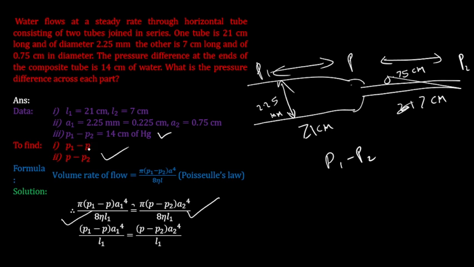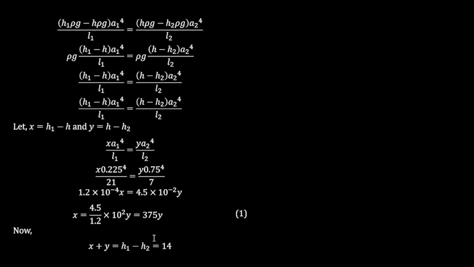We have to calculate P1 minus P and P minus P2, and we are given P1 minus P2. Some cancellation occurs and we get this second equation. Now we replace pressure by the expression rho g h, because when pressure is expressed as a height of mercury, the pressure in Newton per meter square, as per its actual definition, is given by rho g h, where h represents the height of mercury or any other column used for pressure measurement.